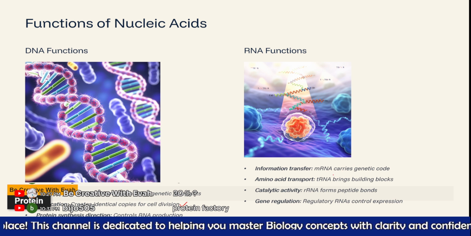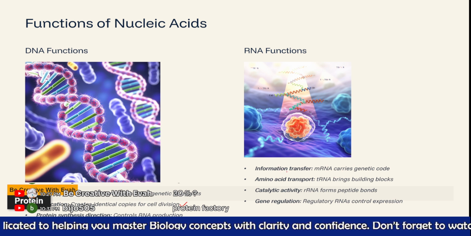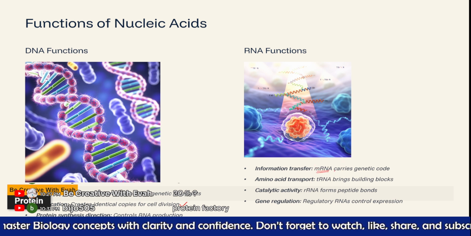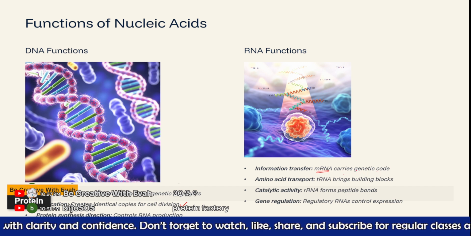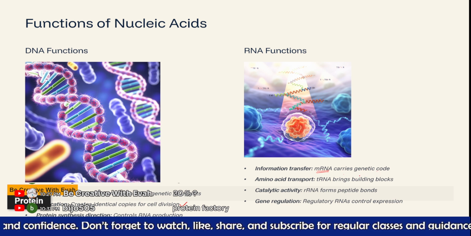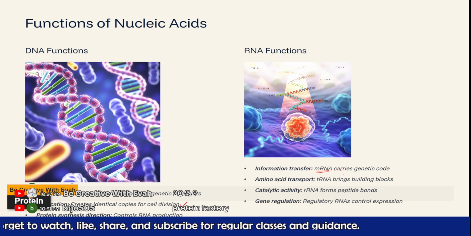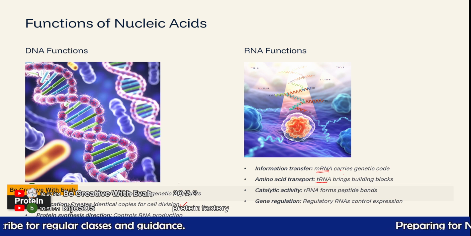Coming to RNA, whatever information is taken from the DNA, that message will be in the form of mRNA. mRNA carries the genetic code. That is information transfer: the genetic code is taken by the messenger RNA. Then amino acid transport: we know the transfer RNA transfers the amino acids to the ribosomes for protein synthesis.